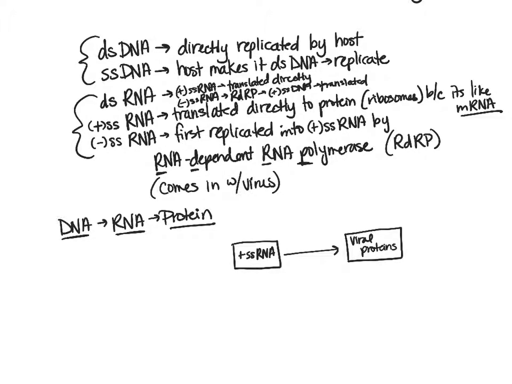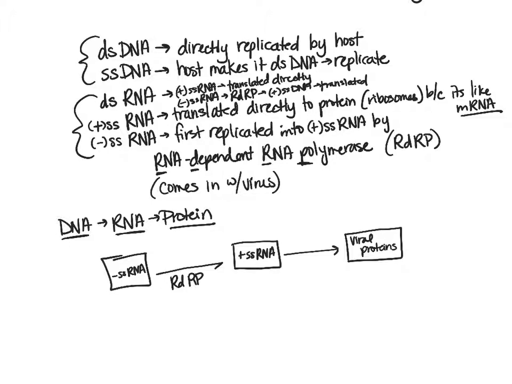If we have a negative single-strand RNA, then first it's going to need to be turned into a positive single-strand RNA, and we do that using our RdRp. So our RdRp can change it into a positive single-strand RNA, and then we can make our viral proteins.